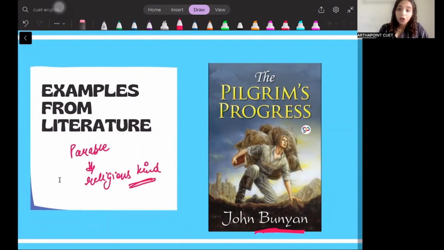So this work represents the adventures of the protagonist, who's named Christian, from his home, that is the City of Destruction, to a celestial city. So Christian basically represents an ideal religious man, and the other characters in this book represent the virtues that a man must possess.